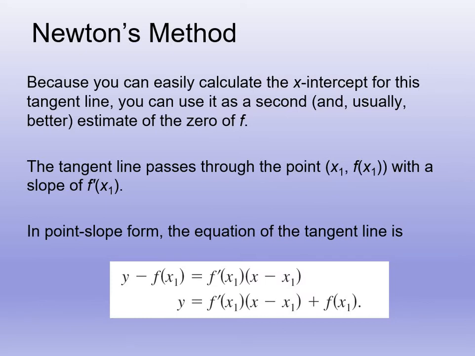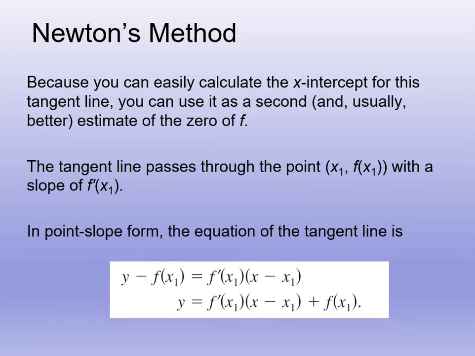Remember, to find the tangent line, we use point slope: y minus y1 equals m times x minus x1. In function notation, it's y minus f of x1, which is just y minus our y1, equals f prime of x1, that's our slope, the m, times x minus x1.